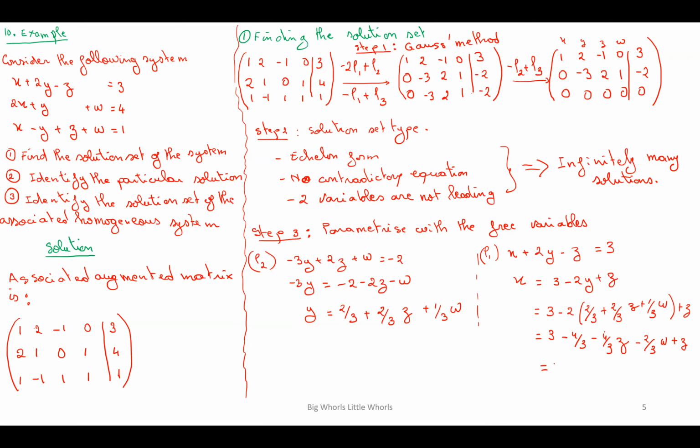That means 5 over 3. We have 5 over 3, and we have z there and z there. So that's going to be minus 1 over 3 z and minus 2 over 3 w.